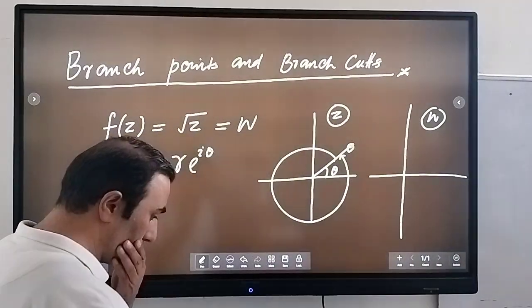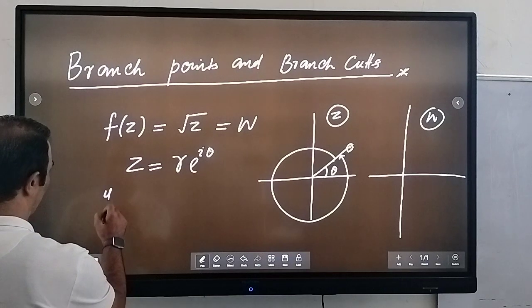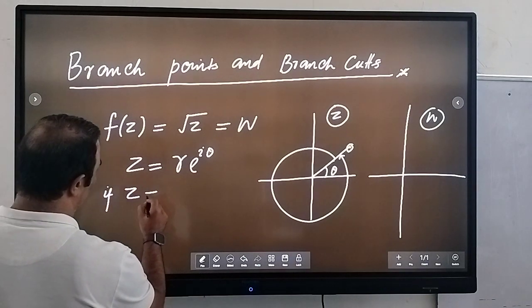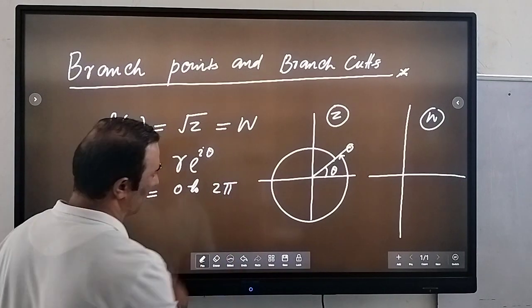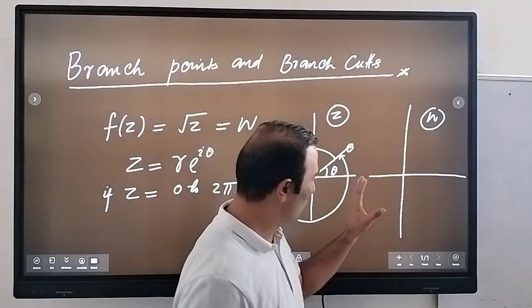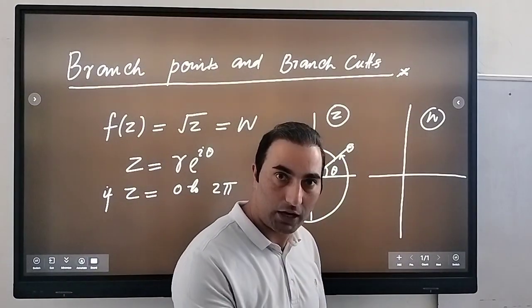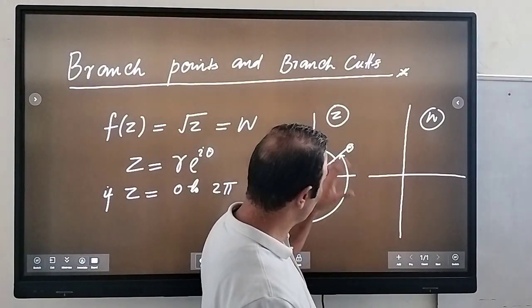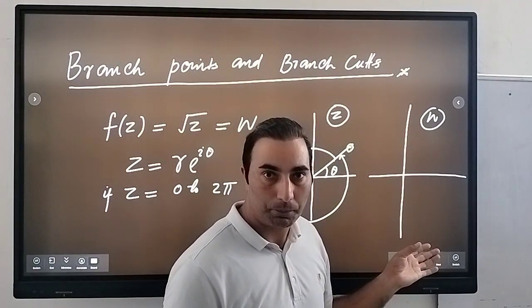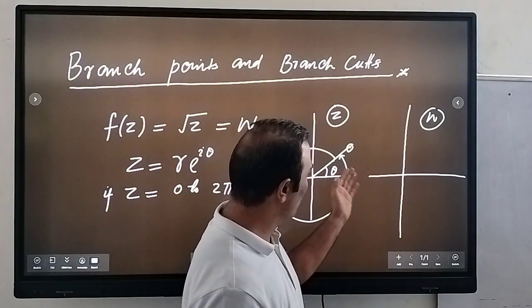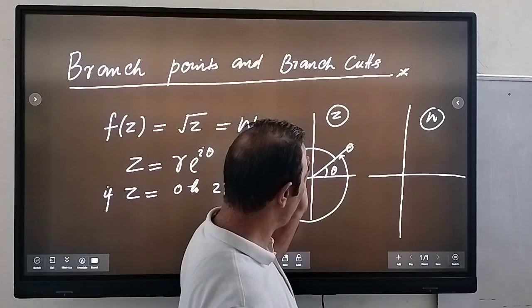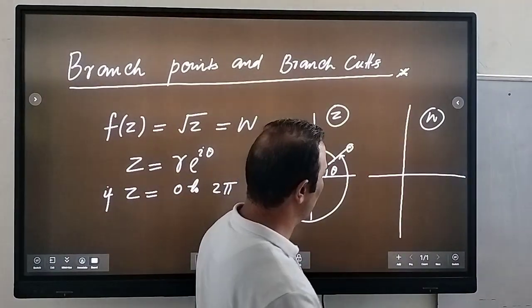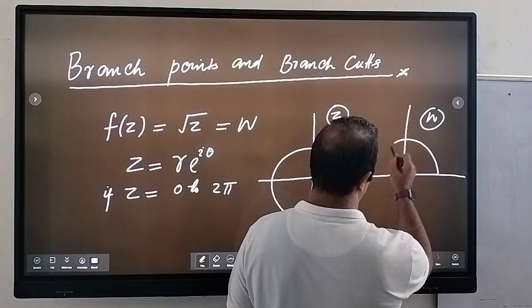Now, if the argument of z goes from 0 to 2 pi, if I rotate it from 0 to 2 pi, that covers this whole complex plane. But if you do the mapping from the z plane to our w plane, it will only cover half of this portion.